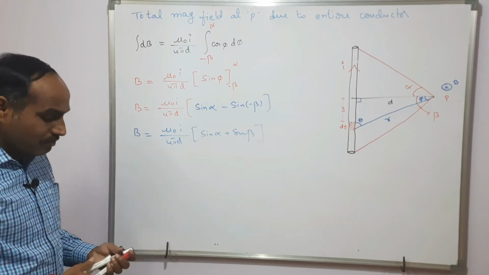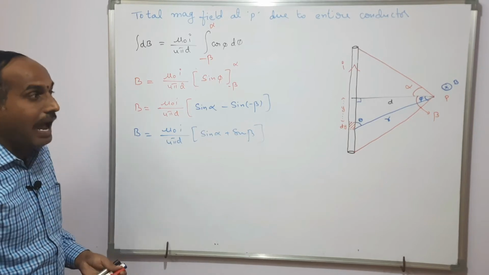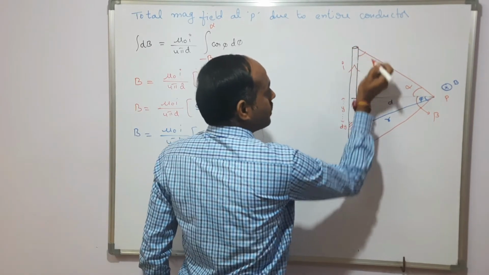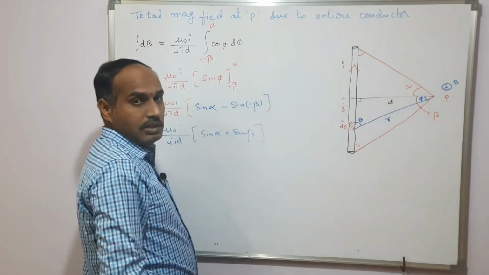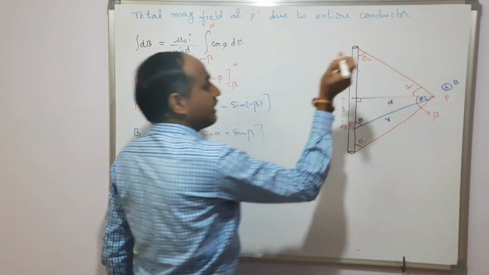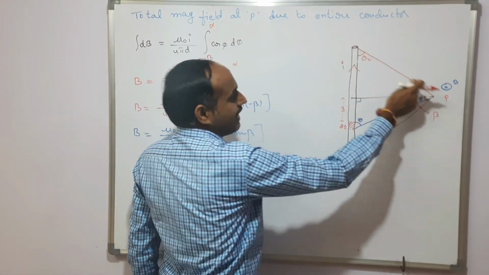Sir, in the problems, instead of alpha and beta, if they give the angles made by the conductor with those position vectors, let this one be theta 1 and this one be theta 2. From this figure, if you observe, this is a right angle triangle.